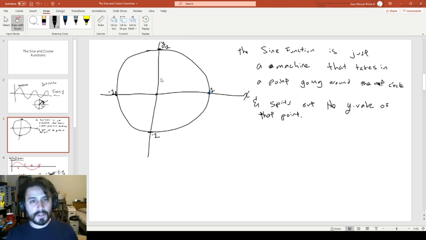Right? So, and similarly the cosine function, so let me just draw this out.